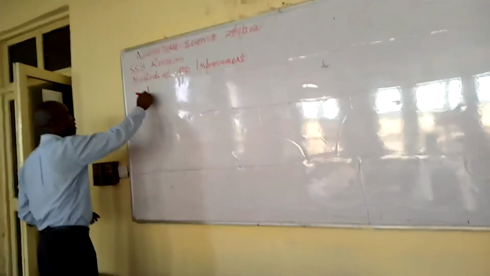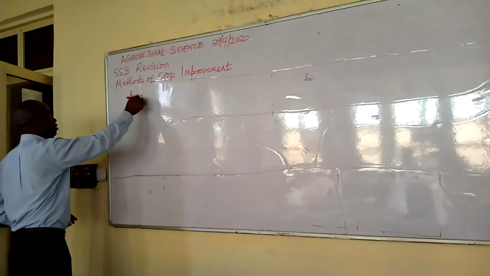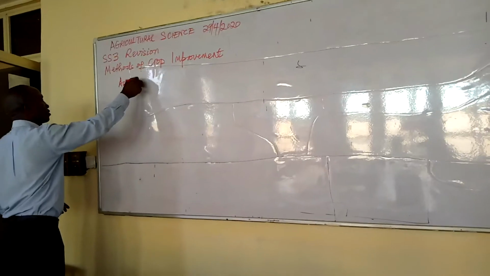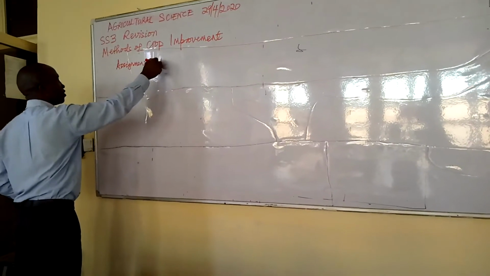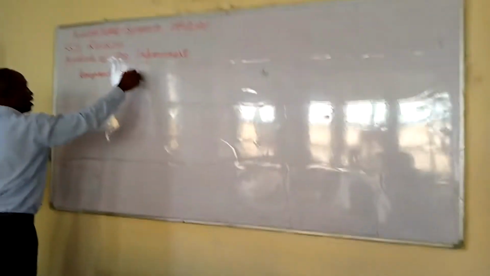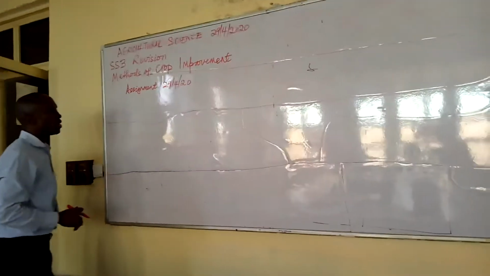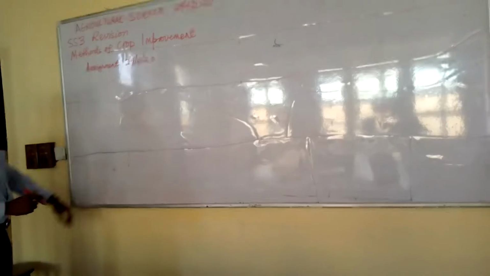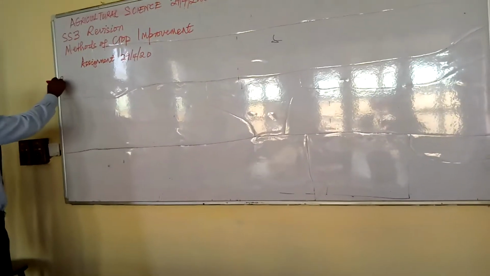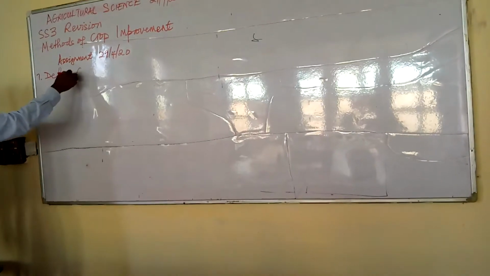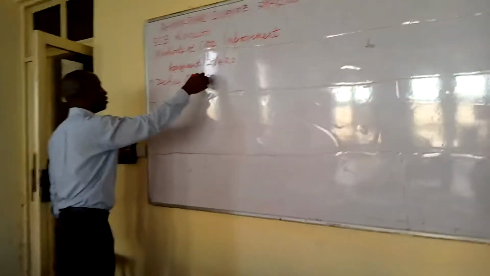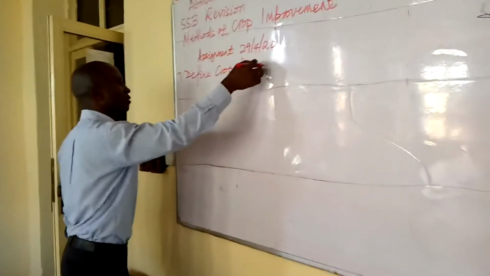So you take this assignment, answer the questions, and submit them to me on my WhatsApp number that I'm going to give you shortly. Number 1, define crop improvements.